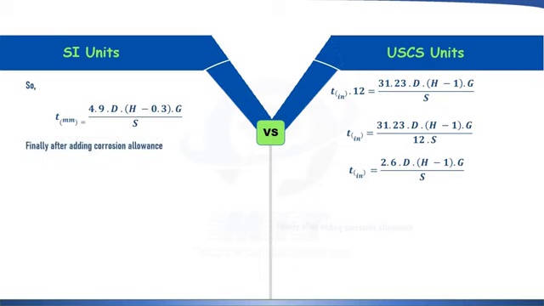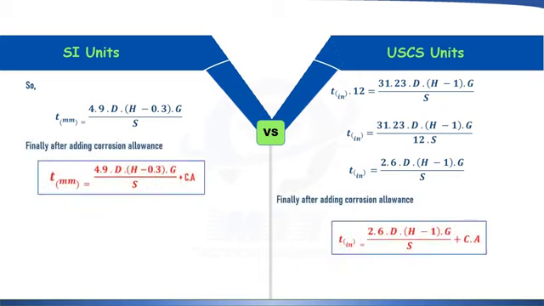Now, after adding corrosion allowance, we'll get this final equation, which is thickness in millimeter is 4.9 times diameter D, H minus 0.3 into G over S plus corrosion allowance, and respectively for USCS unit, thickness in inches is 2.6 times diameter D, H minus 1 into G upon stress plus corrosion allowance.